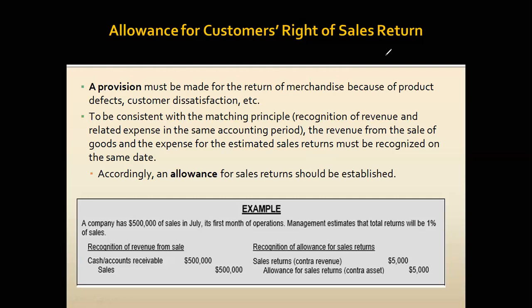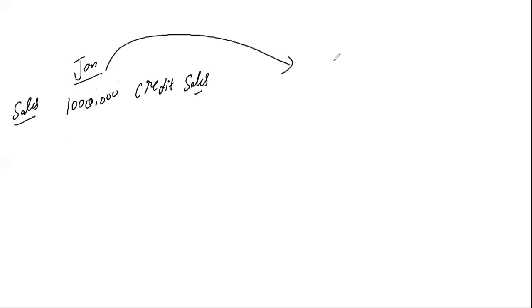Let me give you one example of what kind of problems we can face if I don't follow the matching concept. We are in the month of Jan, and in the month of Jan we made sales of say around 1 million. Assume that all the sales are credit sales. Against this sale, in the month of August, you came to know that around 10,000 you cannot recover.